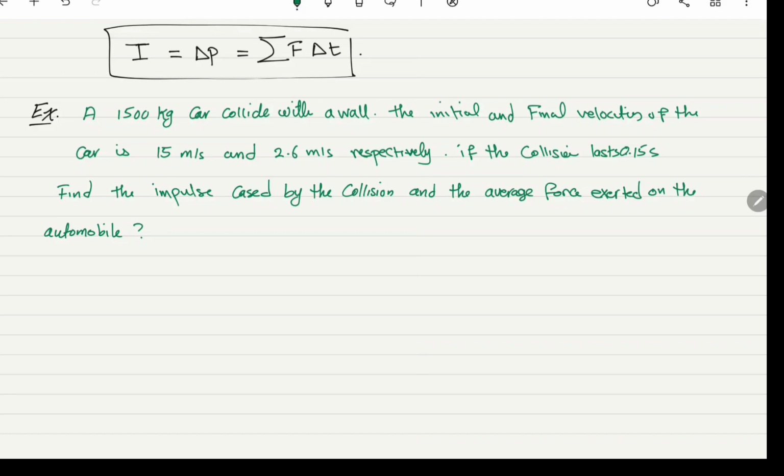Now we have here a car moving this way with initial velocity minus 15 meters per second. Now after the collision, the car will move this way with velocity equal to 2.6 meters per second. So this is before and this is after.